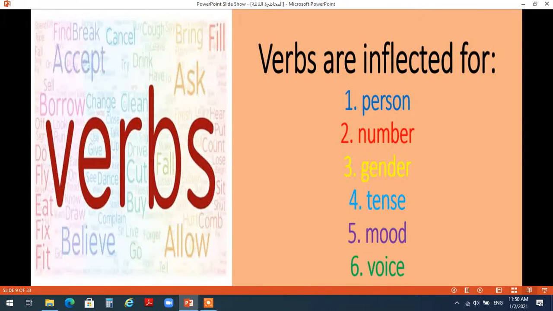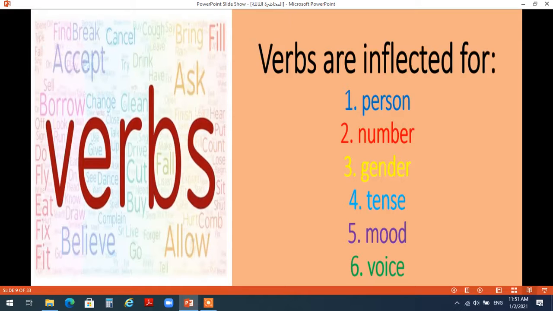نأتي إلى الverbs. Also we will say that verbs are inflected for، أو الأفعال تخضع إلى تغييرات معينة اعتمادا على البيرسون إن كان الشخص الأول أم الثاني أم الثالث، واعتمادا على النمبر أيضا لأن الأفعال باللغة العربية تتأثر إن كان الفاعل مفردا أم مثنى أم جمعا، وكذلك الجندر لأن الفعل يتأثر إذا كان الفاعل مذكرا أم مؤنثا، والتنس اللي هو زمن الفعل سواء كان في المضارع أم في الماضي، ومود اللي هو حالة الفعل الإعرابية لأن الفعل المضارع تحديدا قد يكون مرفوعا أو منصوبا أو مجزوما، أما الفعلان الماضي وفعل الأمر فهما مبنيان لذلك لا يكونان معربين. وكذلك عندنا الفويس اللي هو حالة كون الفعل مبنيا للمعلوم أم للمجهول.